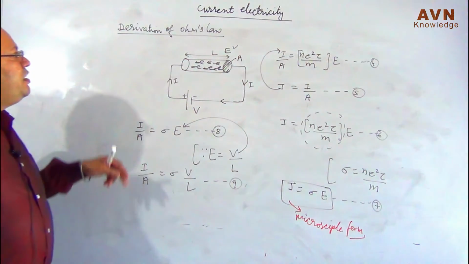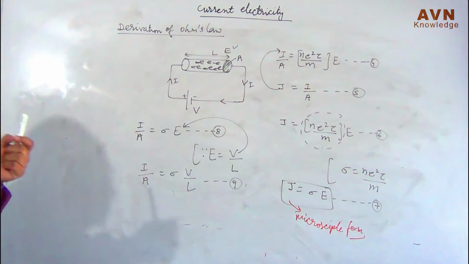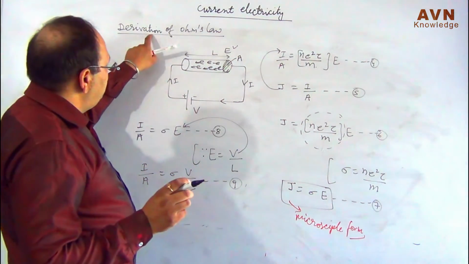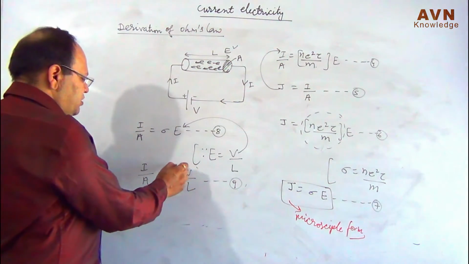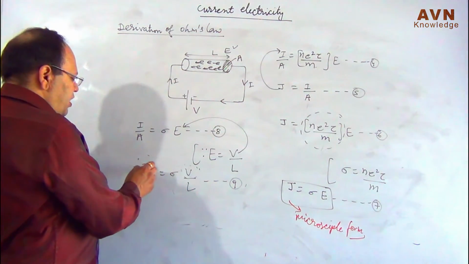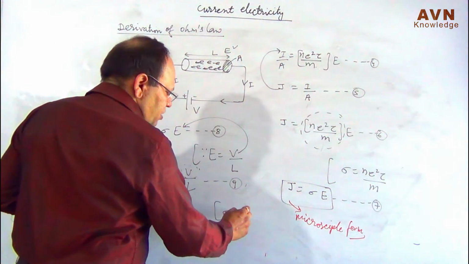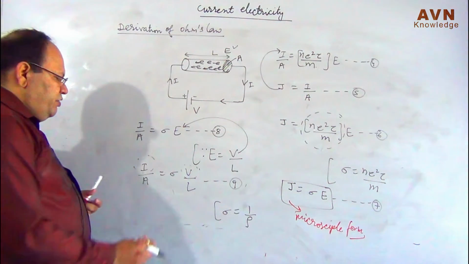And we have to derive Ohm's law. Ohm's law means we have to prove the relation between current and potential. So we have to generate the relation between potential and current. And what is sigma? Sigma equals the reciprocal of the resistivity.